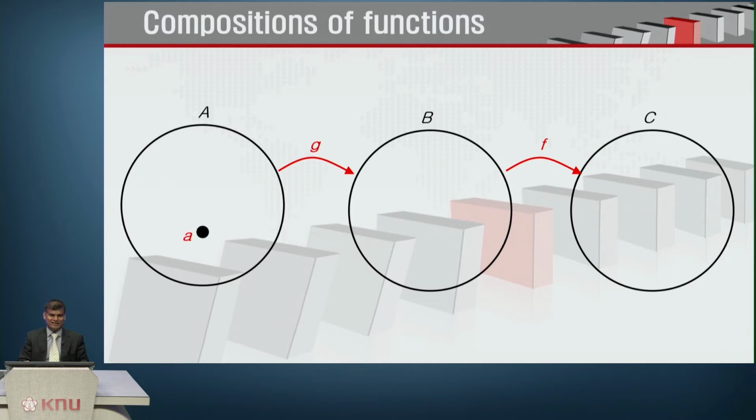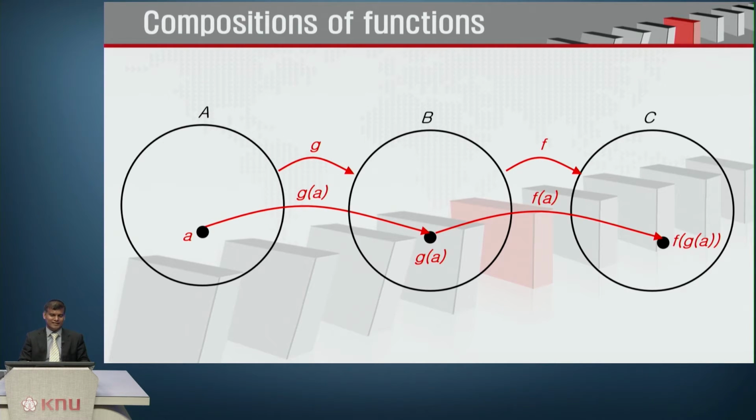Then suppose I have an element a that is mapped to an element in B, that is g of a, and then I want the g of a in B to be mapped to an element in C, that is f of g of a.